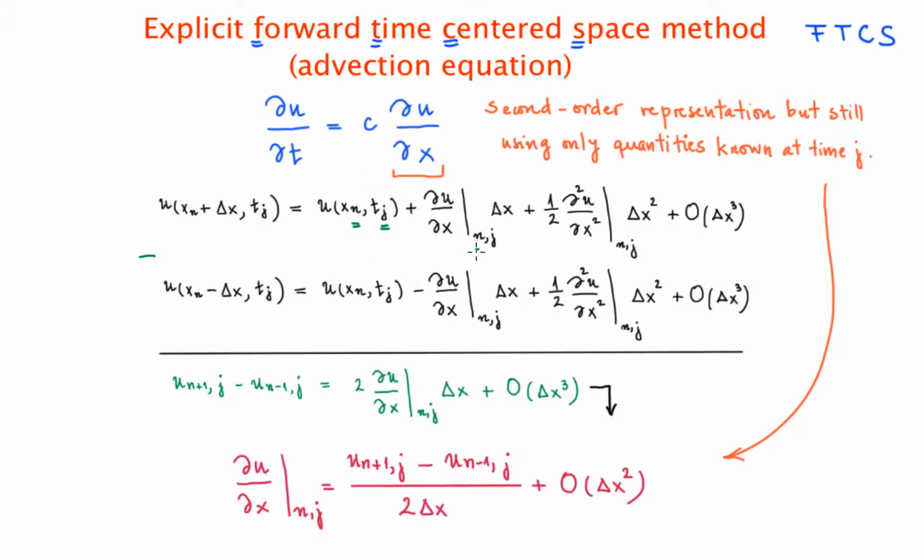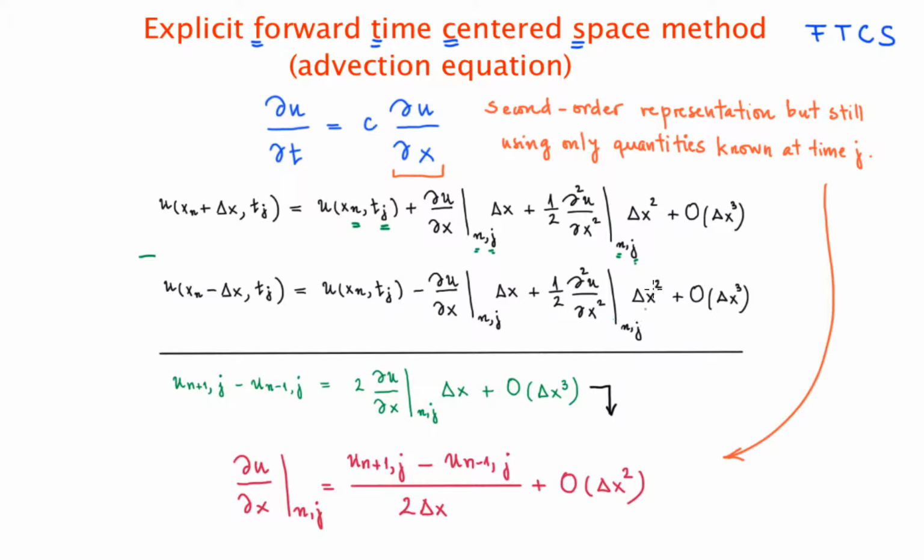As you can see here, all the derivatives are calculated at this point in order to find an approximation for the u function at point n plus 1 and time j in one case, and on the other hand, the other Taylor expansion is to find an approximation for the u function evaluated at point n minus 1 and time j.